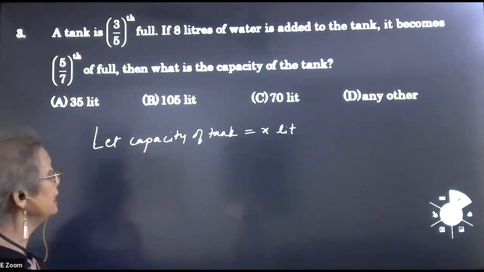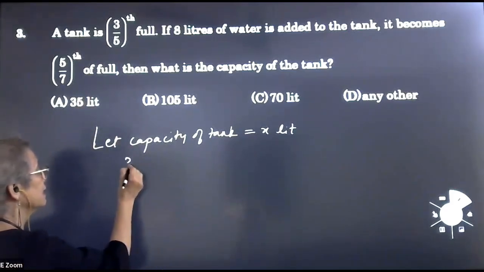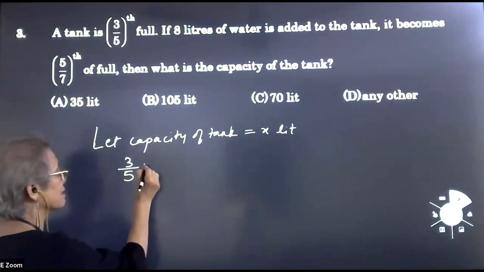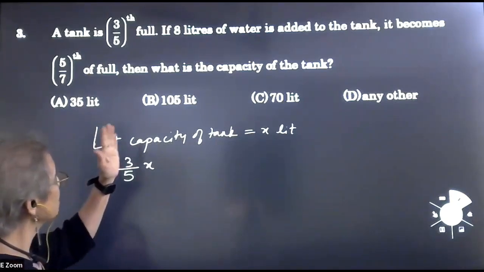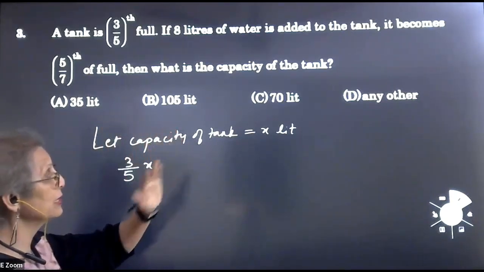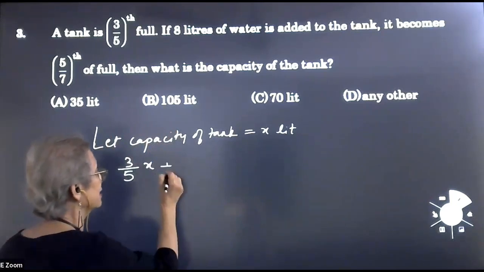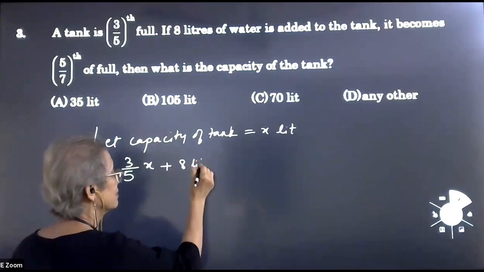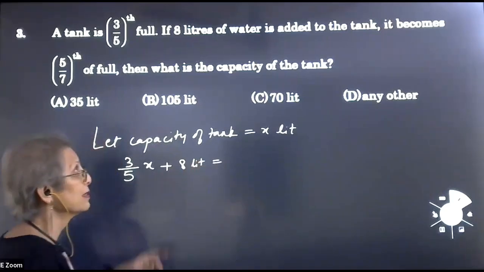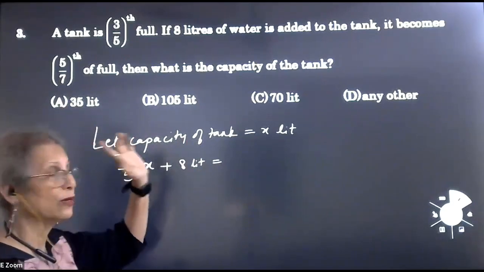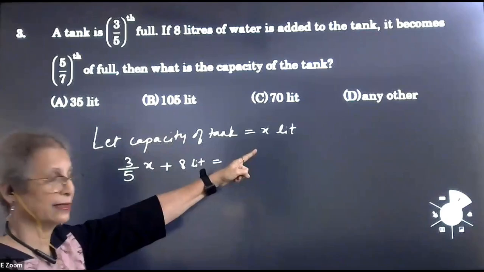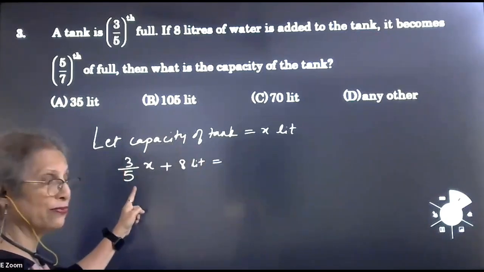And now how much is it filled? It is 3/5 of X. Now afterwards what they say: if 8 liters of water is added, let us add 8 liters here. Then what happens? After adding to the tank, it becomes 5/7 of full. 3/5 was filled.